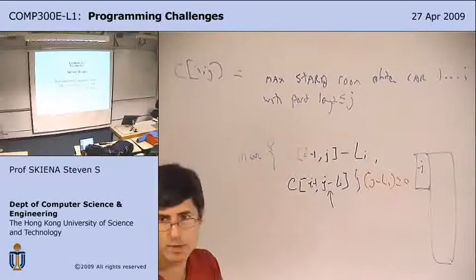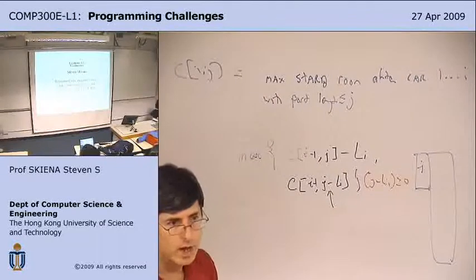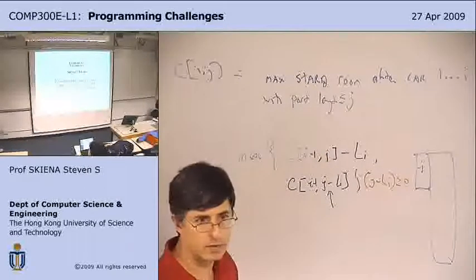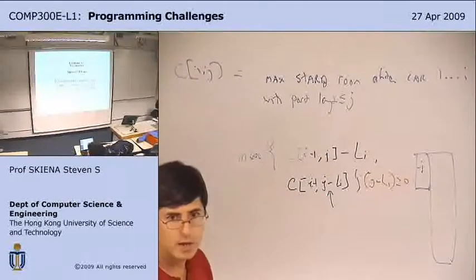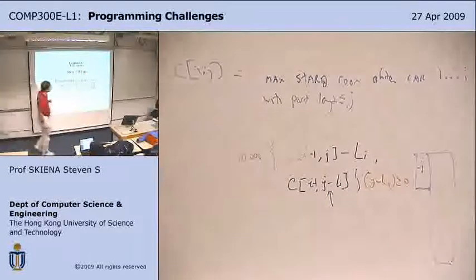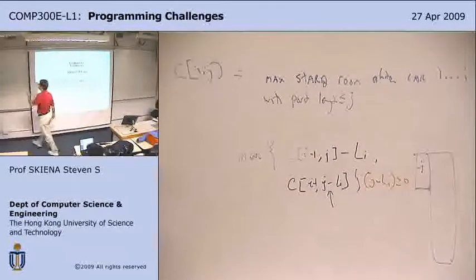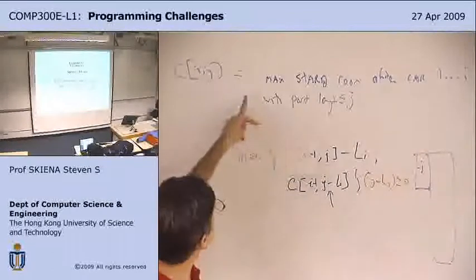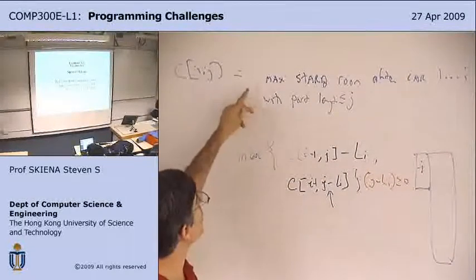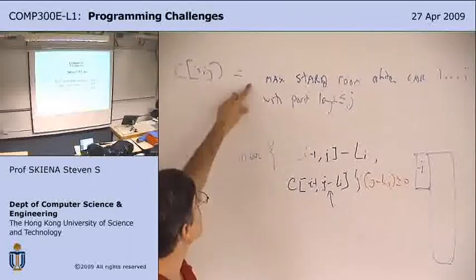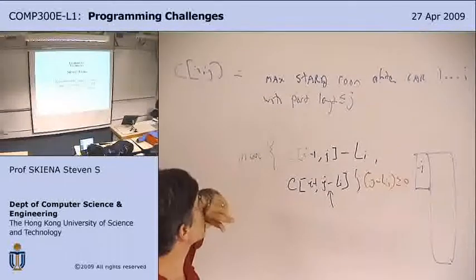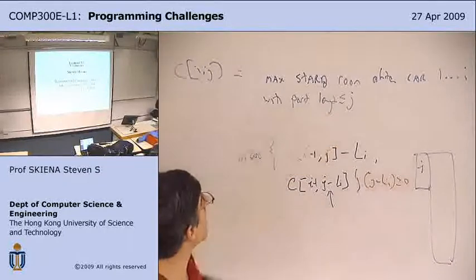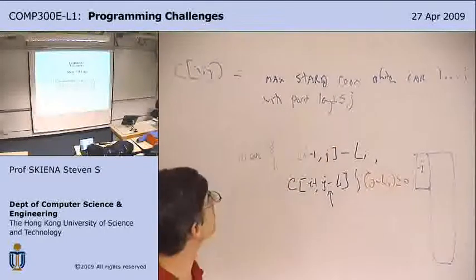It's a little hard sometimes to see why that is. And so why I get nervous here, although it may very well be right, probably is right, I tend to be much happier when I don't have things like less than or equal here. Because now I have to wonder, are you doing this over all possible configurations, right? The maximum starboard row over cars 1 to I when the port length is less than or equal to J.